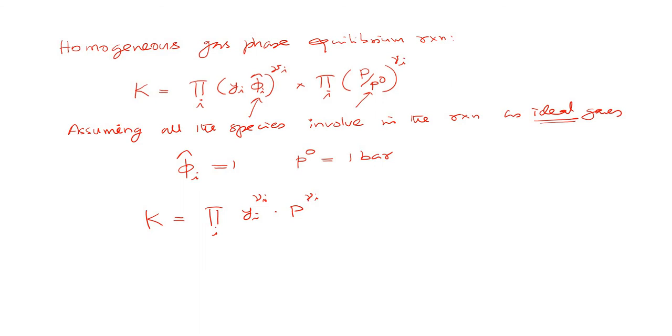Or we can also write this as the product over i of the mole fraction times the total pressure, which for an ideal gas is nothing but the partial pressure, so the partial pressure of the ith species whole power nu i. This is the equilibrium constant expression if the species involved in the gas phase reaction are ideal gases.